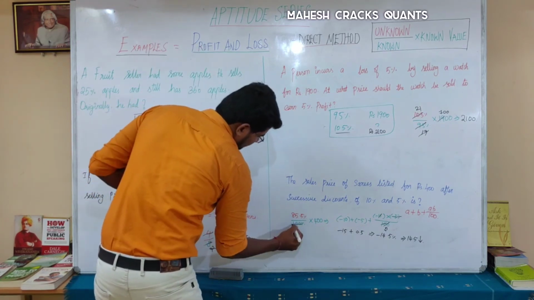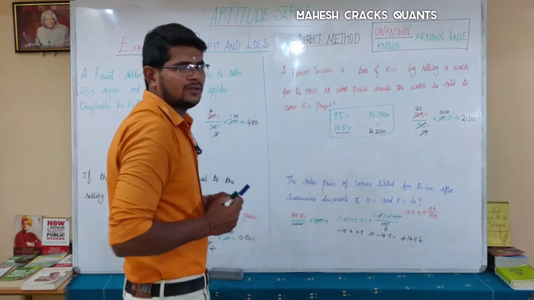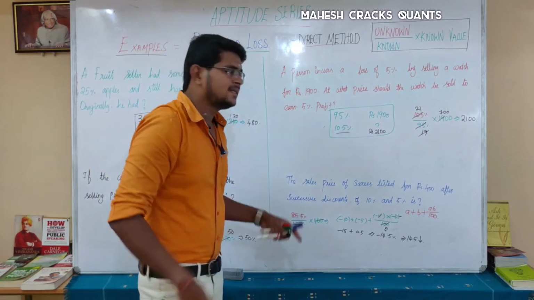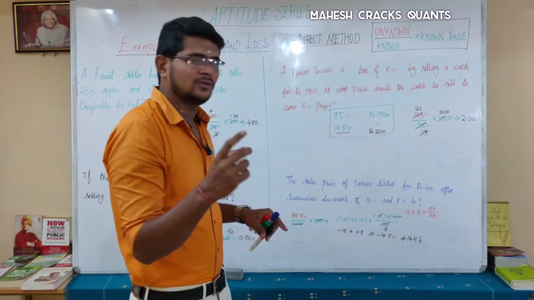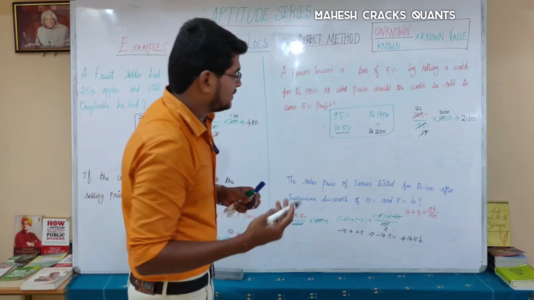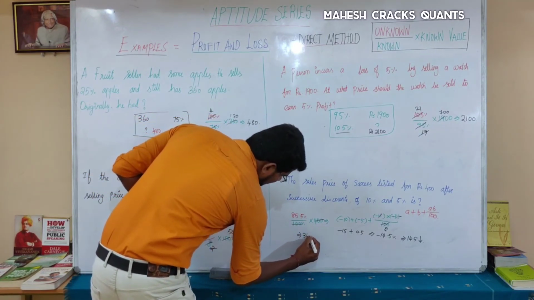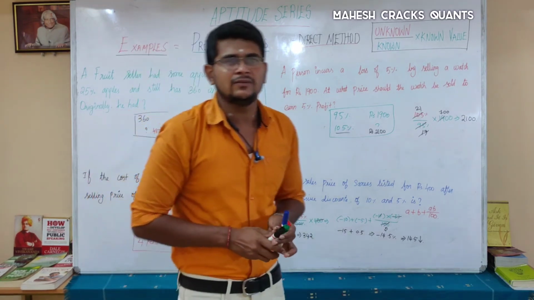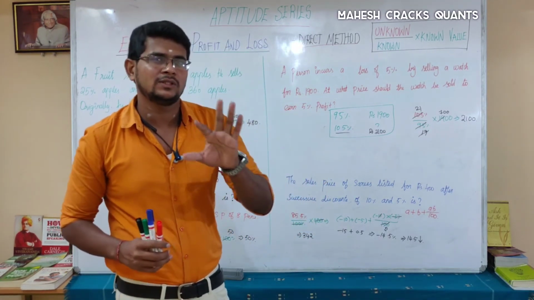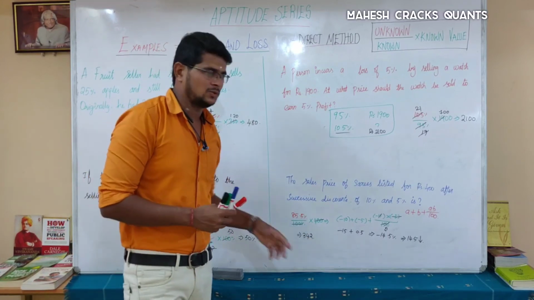Two zeros cancel. 85.5 into 4. 80 into 4, 320. 5 into 4, 20. 0.5 into 4, 2. Which means 3... So the answer is 342. Am I right? 85 into 4 itself will give you 340. 0.5 into 4 will give you 342.